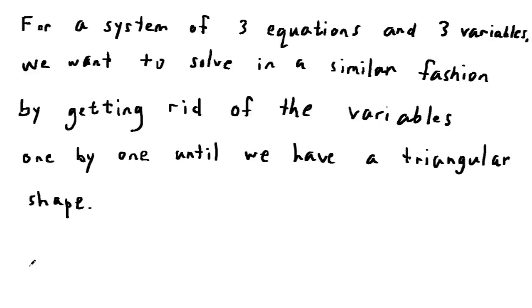Okay, for a system of three equations and three variables, we want to solve in a similar fashion by getting rid of the variables one by one until we have a triangular shape. Let's look at an example.